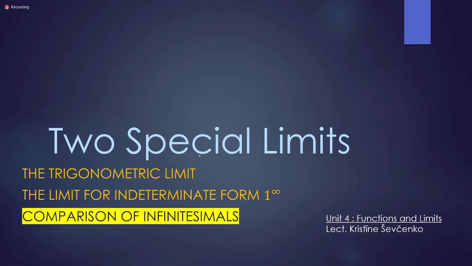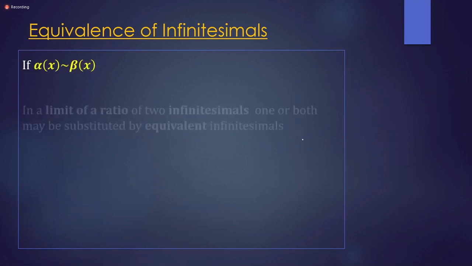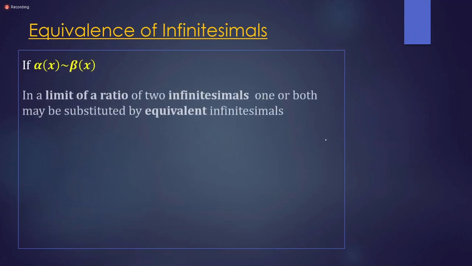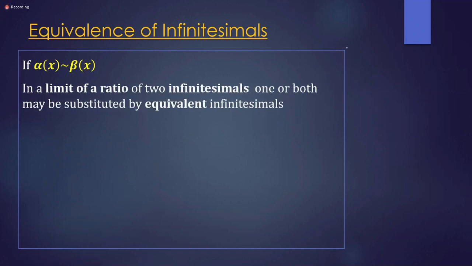And so the equivalence of infinitesimals: there was this idea that two infinitesimals are considered equivalent if the limit of the ratio is 1. So basically, what we meant by that was if the limit of the ratio of two infinitesimals, alpha and beta, as x tends to any specific value is 1, we call these infinitesimals equivalent.